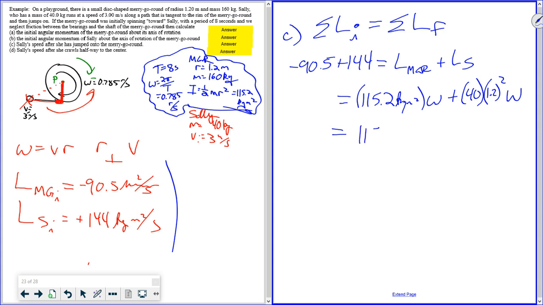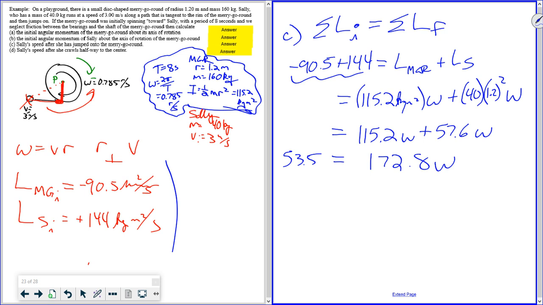So this gives us 115.2 omega plus 40 times 1.2 squared is 57.6 omega. So that gives us 172.8 omega equals this mass, which is what, 54.5? Is that right? About 53.5. I think I did my calculations with 54, so my answers are going to be off by a scotch.